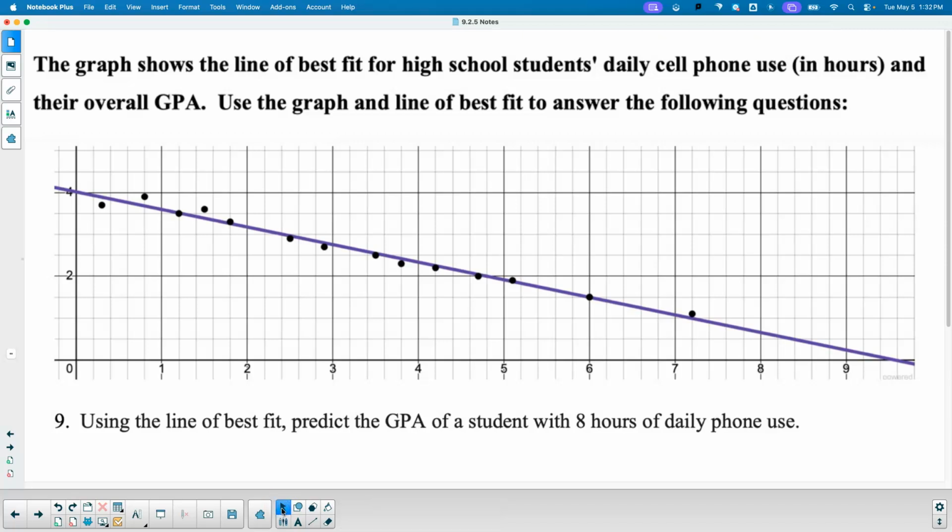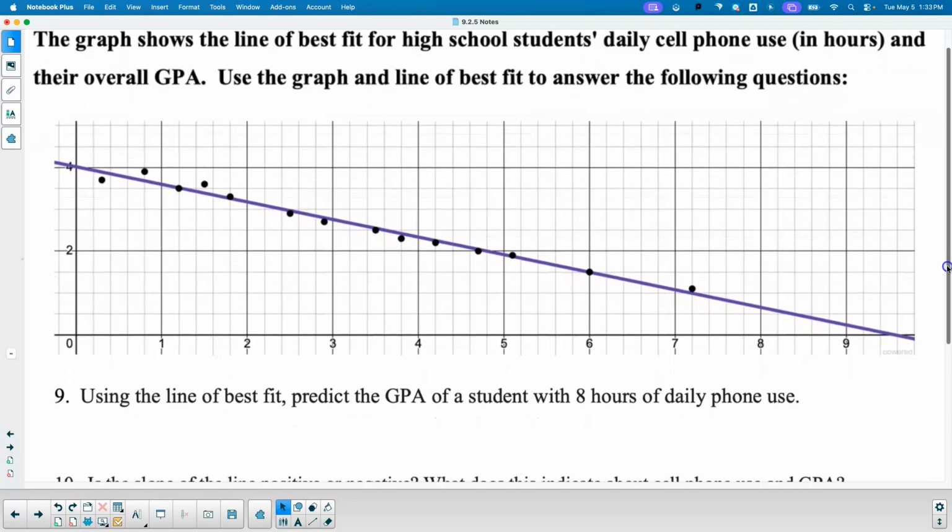Number 9, using the line of best fit, predict the GPA of a student with 8 hours of daily cell phone use. How am I going to do that? I don't have an equation to plug it into. Do we?